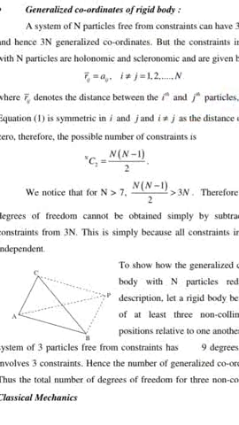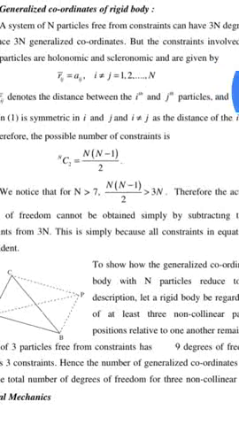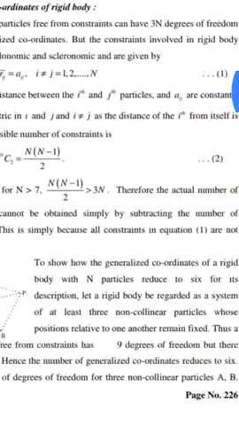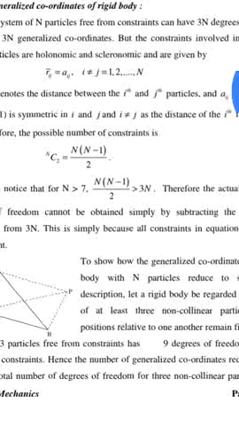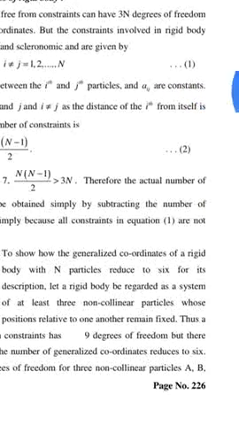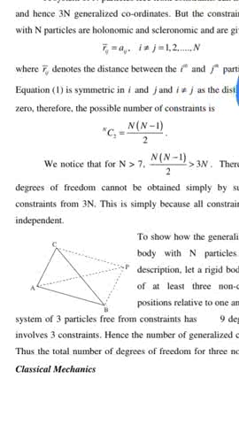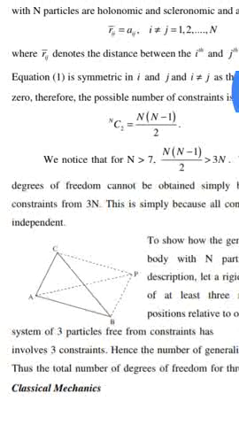The equation r_ij bar is equal to a_ij is symmetric in i and j, and i is not equal to j, as the distance of the ith particle from itself is 0. Therefore, the possible number of constraints is nC2, equal to n(n-1)/2.